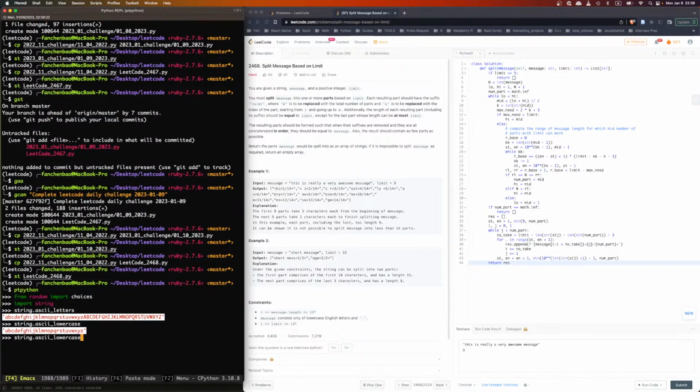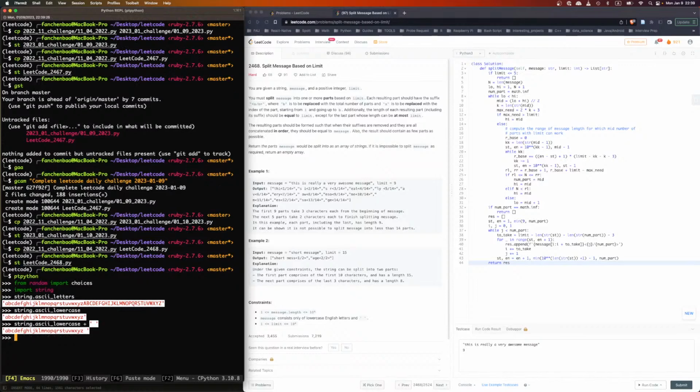Gotcha. This plus this empty. Nope. That's a better idea. For this in range, let's just do 10 test cases. It'll be fine. And then we want to print a message. Right? We want to print a message.